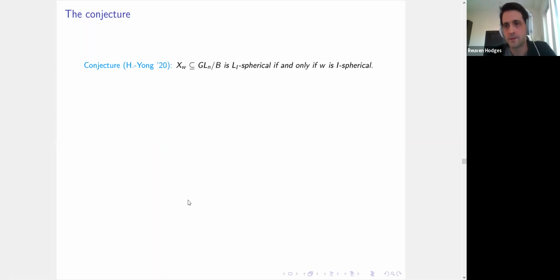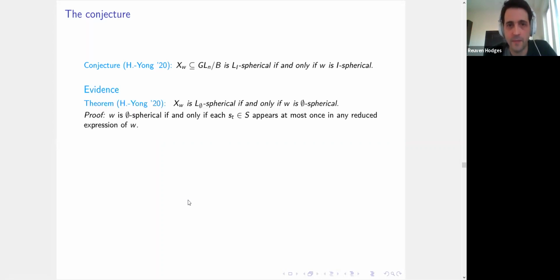Okay, and so I think the very natural first thing you would want to know is, does this work in the cases that are already known? Well, X_W is L_emptyset spherical if and only if W is emptyset spherical. This is exactly the contents of the lemma. That lemma I had early on was that W is emptyset spherical if and only if each simple reflection appears at most once.